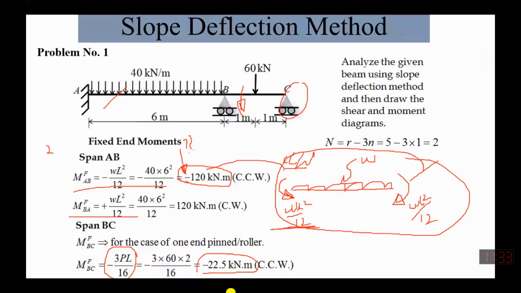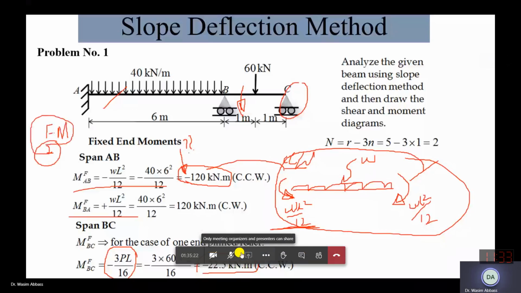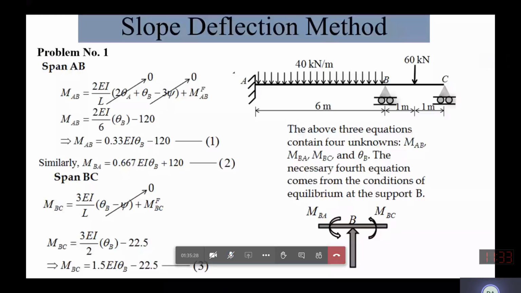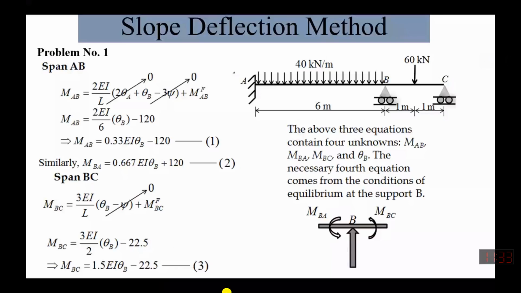So what is our next step? What is the next step for solving the problem, students? The next step is the equation. So we will apply slope deflection equations within these two spans.